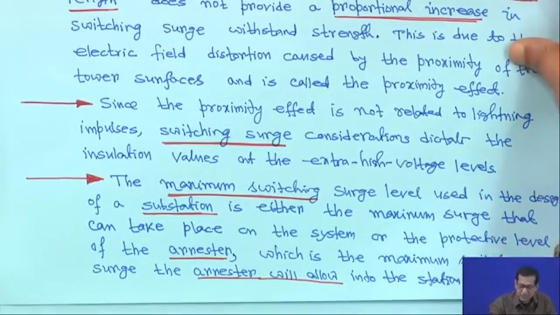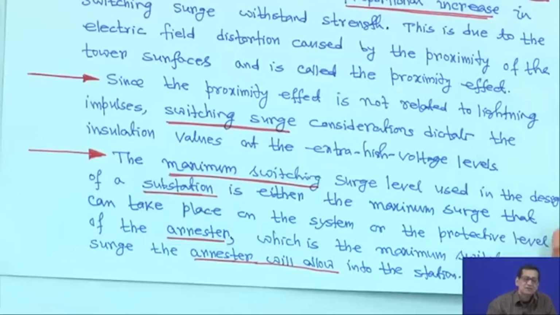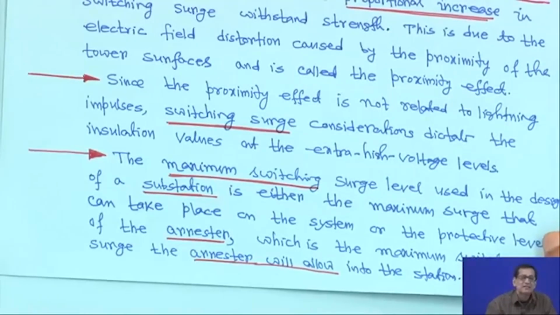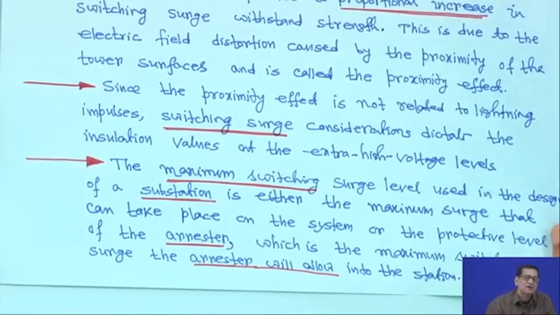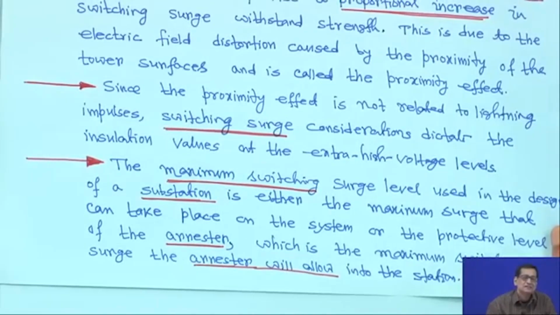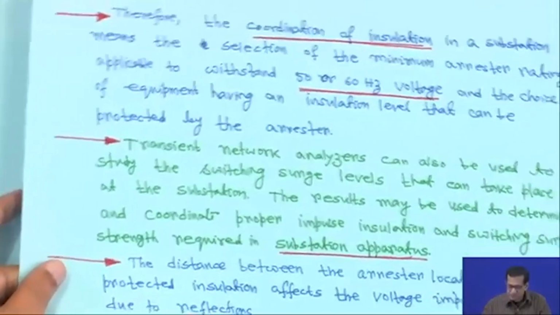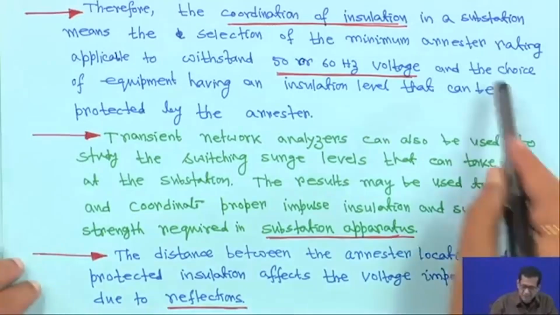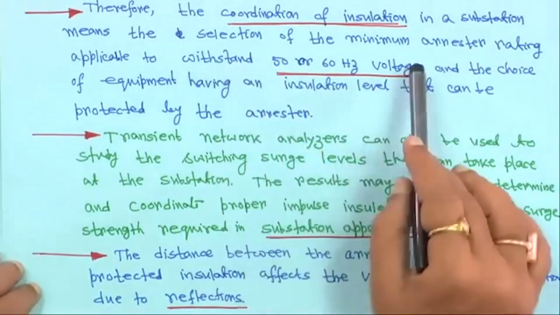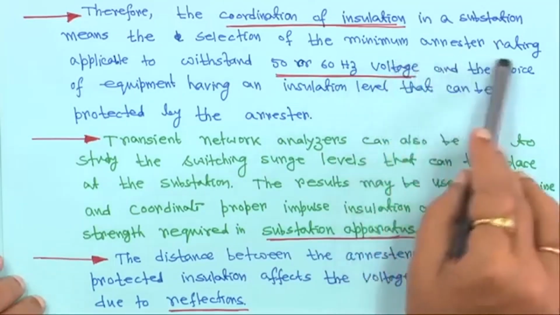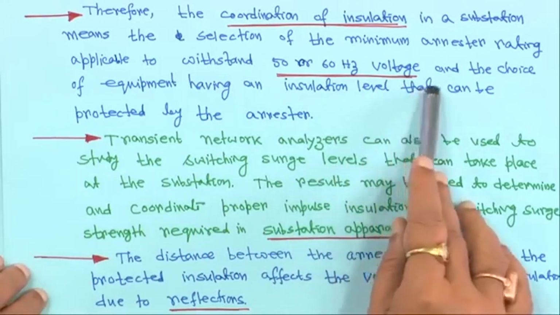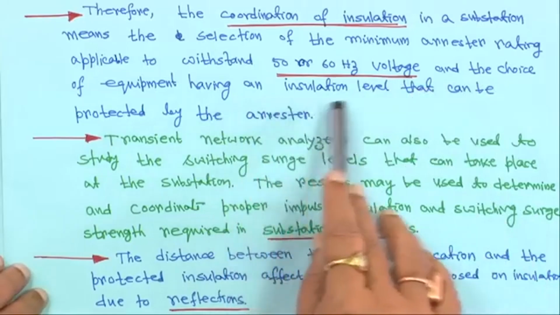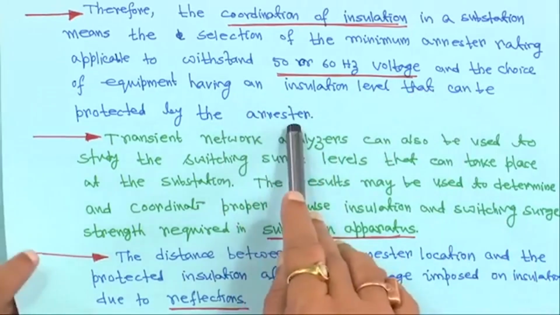So, one has to be very careful in designing all sorts of things, particularly to protect all the equipment from lightning strokes, switching surges, etc. Therefore, coordination of insulation in a substation means the selection of the minimum arrester rating applicable to withstand 50 or 60 hertz voltage, and the choice of equipment with an insulation level that can be protected by the arrester.